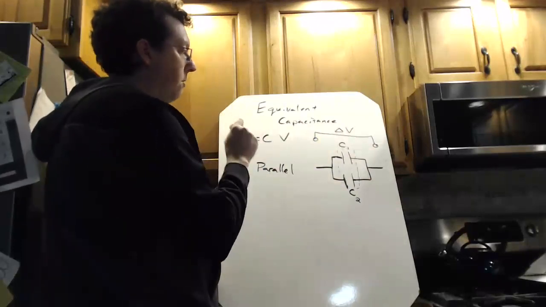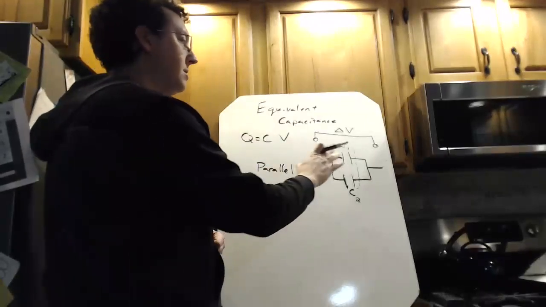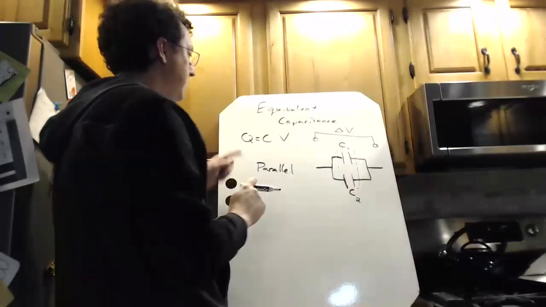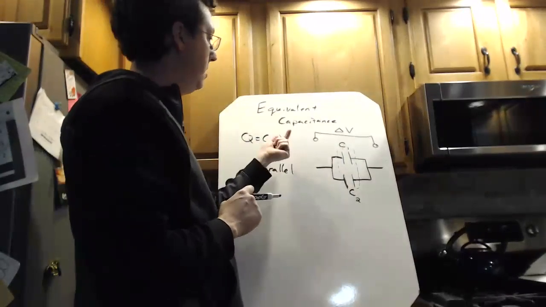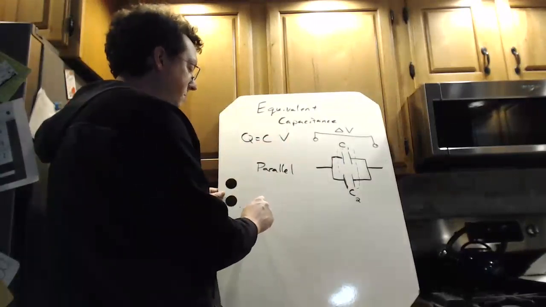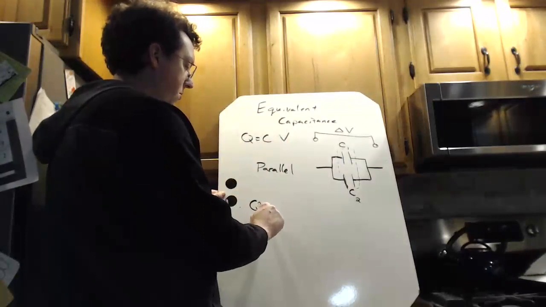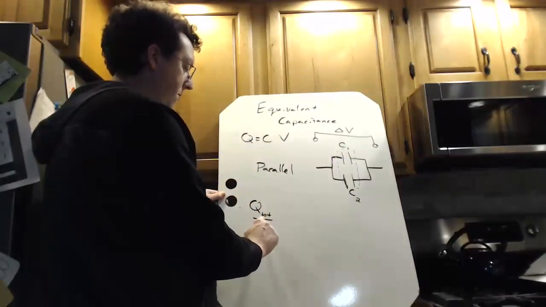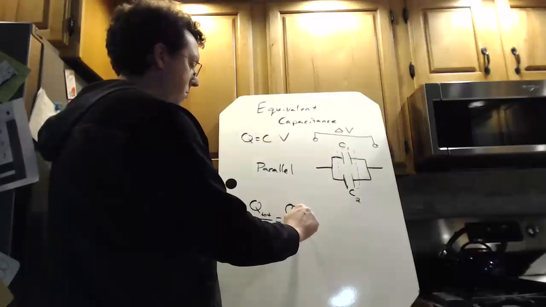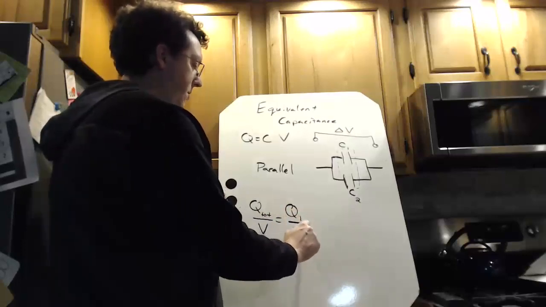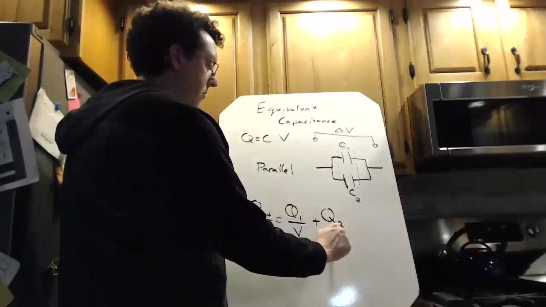Find the quantity which adds and divide it by the quantity which is the same. In this case, the quantity which adds is the charge, and the quantity which is the same is the voltage. So we would want to say Q total over the voltage would equal Q1 over the voltage plus Q2 over the voltage.